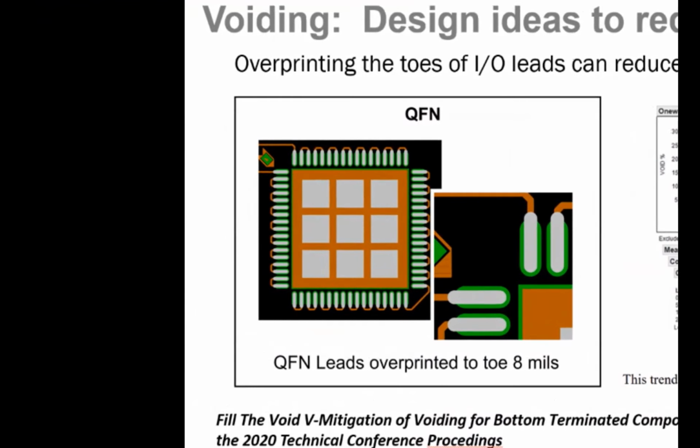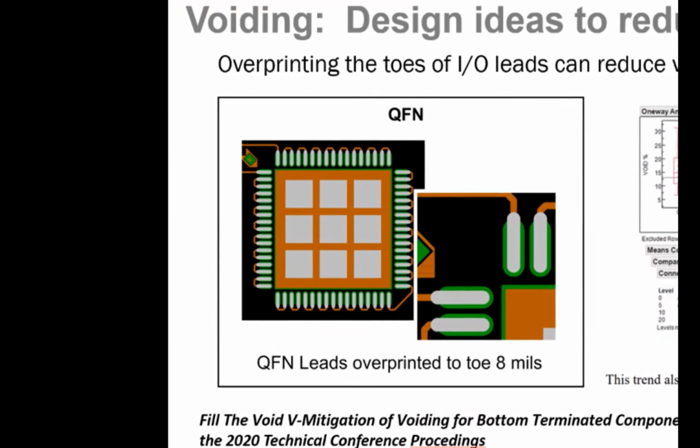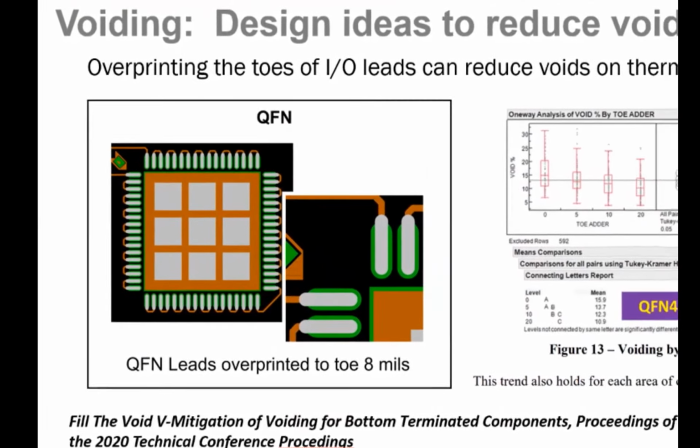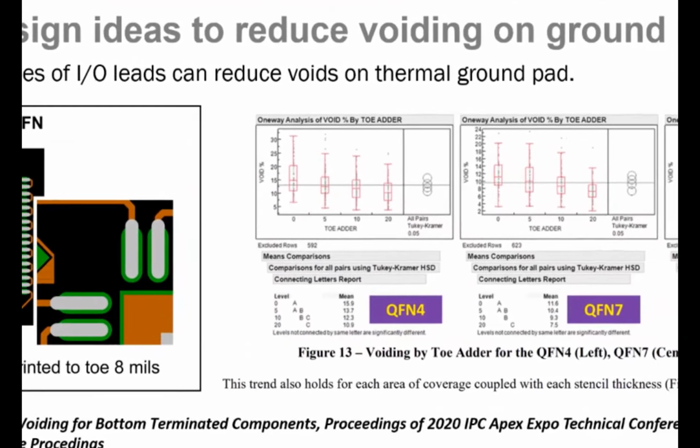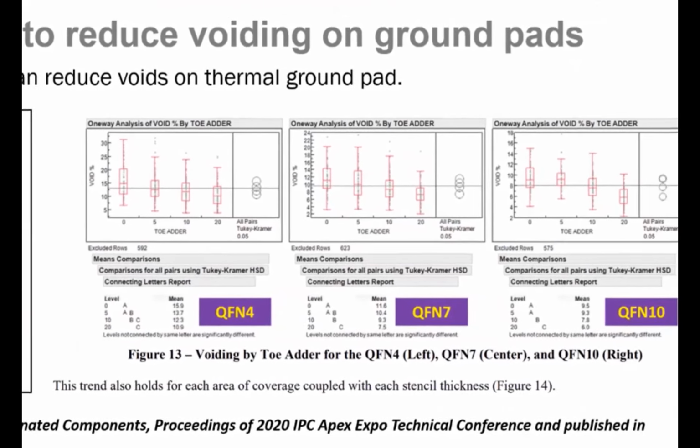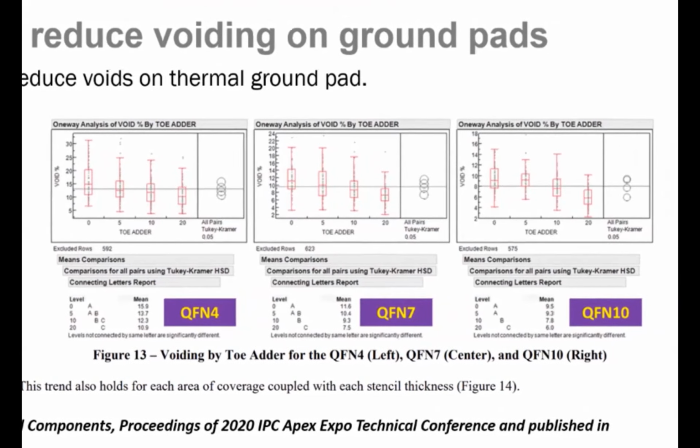And what we found is that by overprinting the toe as much as 20 mils, we could reduce the overall voiding percent. The theory behind this data is that as the overprinted paste pulls into the copper I/O pad, it tends to lift the part slightly, allowing gases or volatiles to escape from underneath the part. Then as the solder freezes, the part is drawn down and flat.